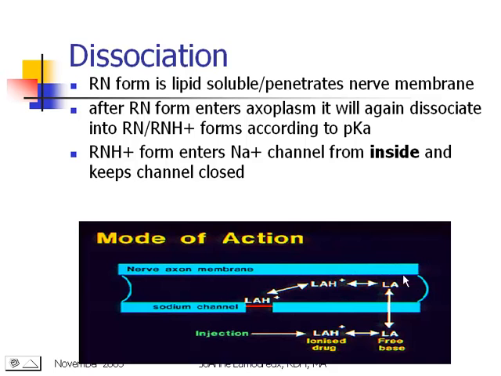But once they get into the axoplasm, because of the pH of the axoplasm and the pH of the anesthetic itself, there will be a further dissociation, a separation. Some of these molecules will pick up a hydrogen ion from inside this nerve and become positively charged. It is these positively charged or cation local anesthetic molecules that are able to block up the sodium channels from inside the nerve.